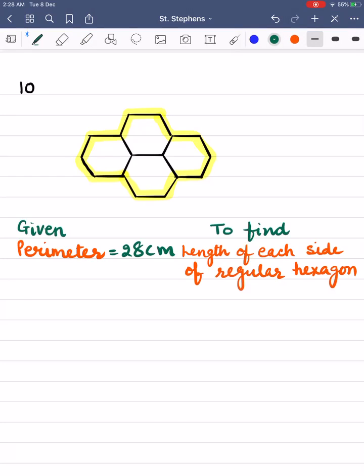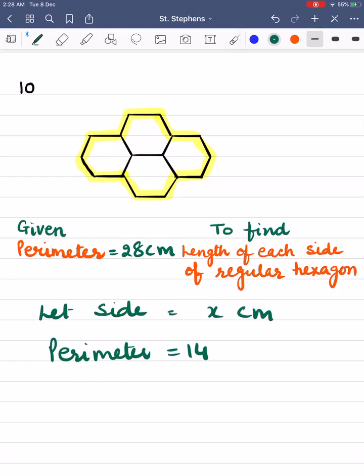Now children, let's suppose that each side is equal to x centimeter. Now if you count, there are 14 sides of this design. So the perimeter is equal to 14 into length of each side, which is x centimeter.